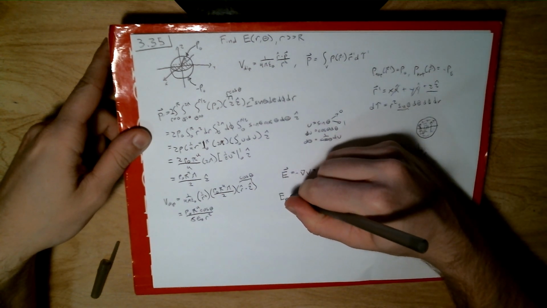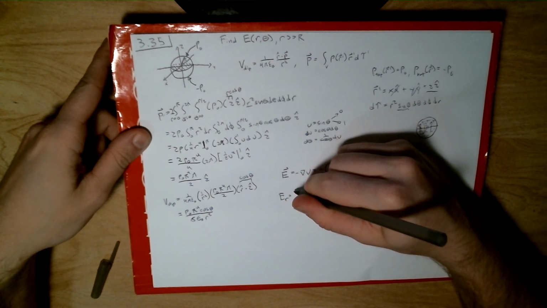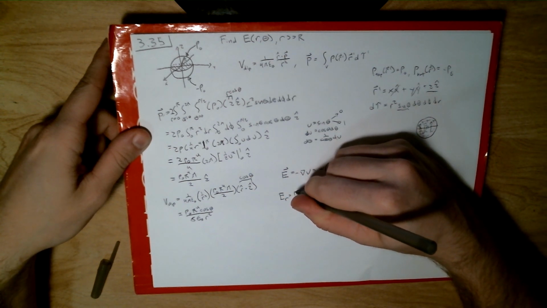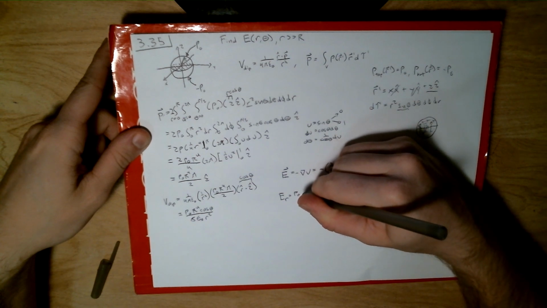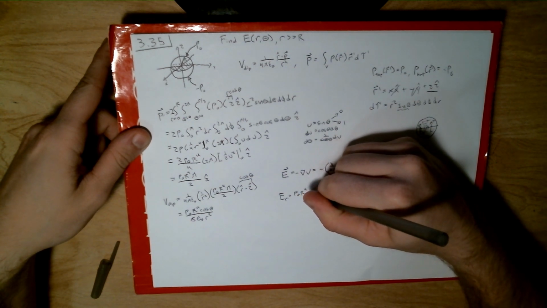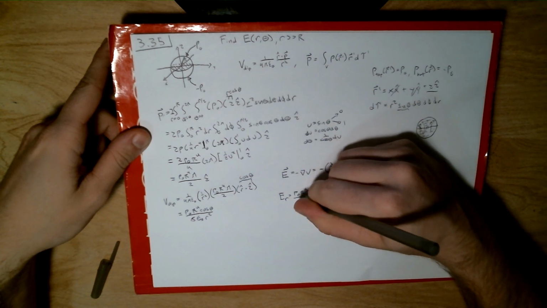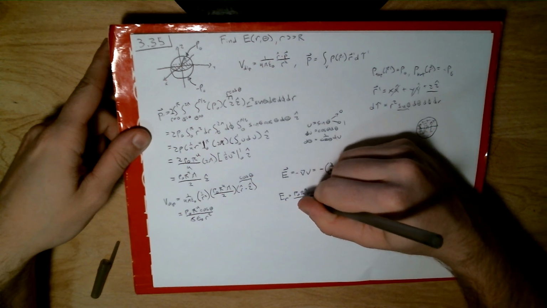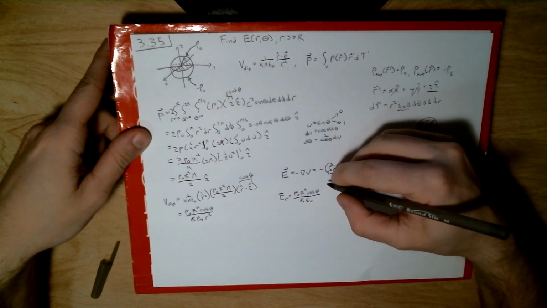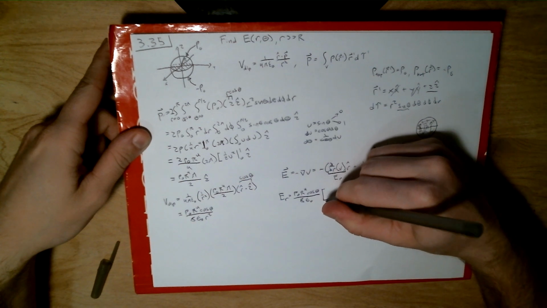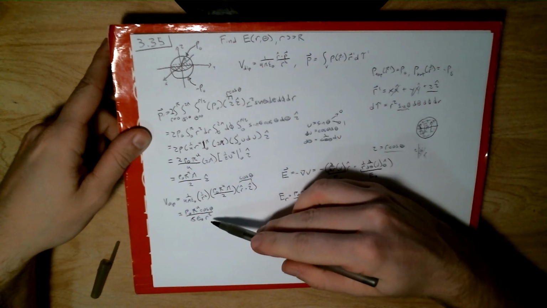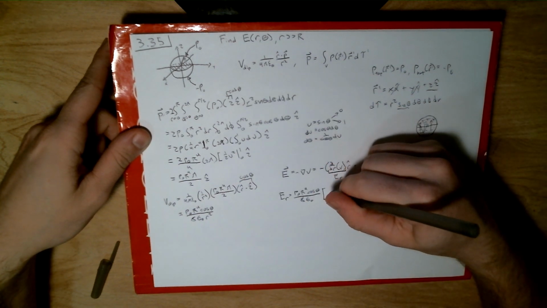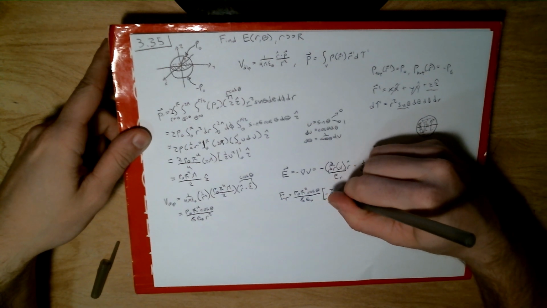So our e sub r will equal, then pulling out everything that we don't really care about with respect to the partial derivative, over 8 epsilon naught, and then what we do care about, which is that 1 over r squared, the partial derivative of which is just going to be negative 2 over r cubed.